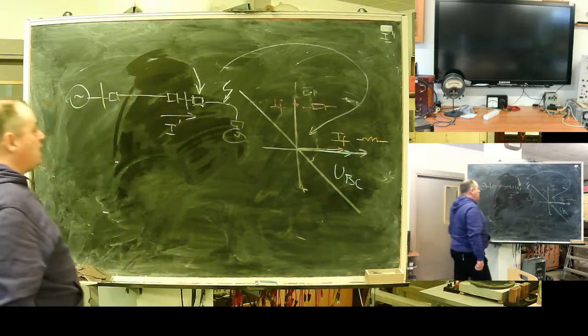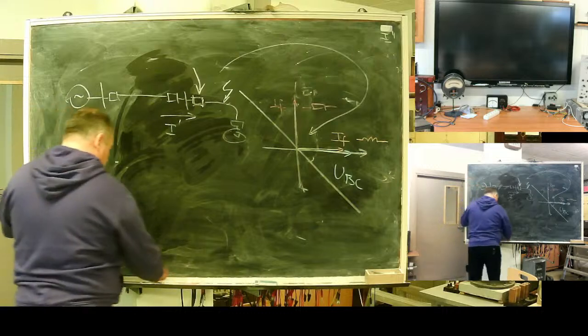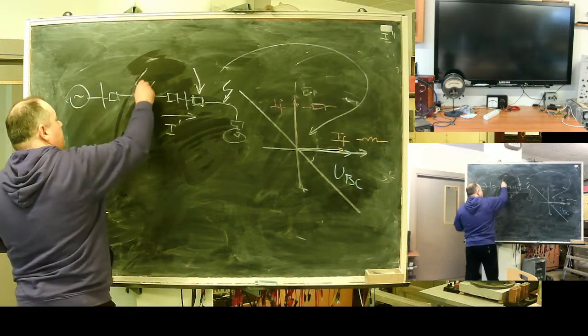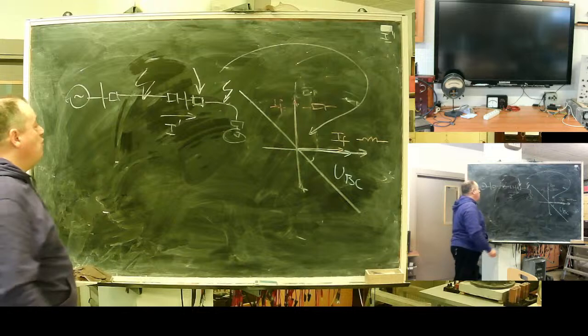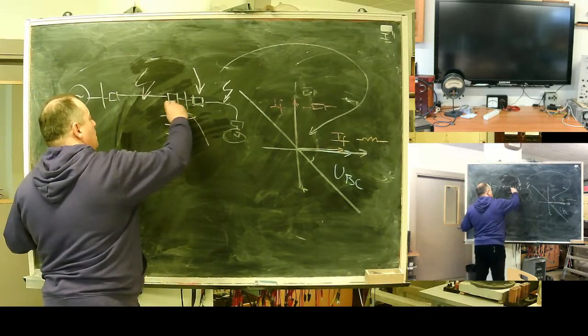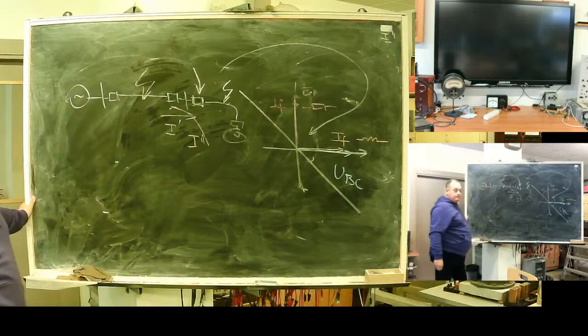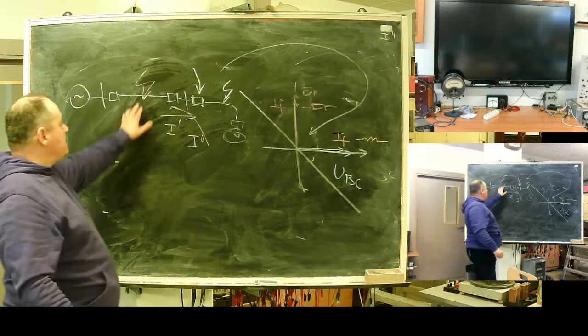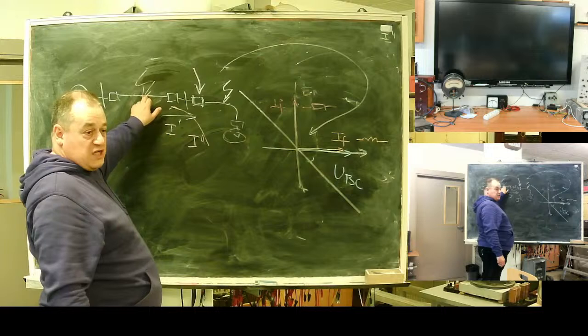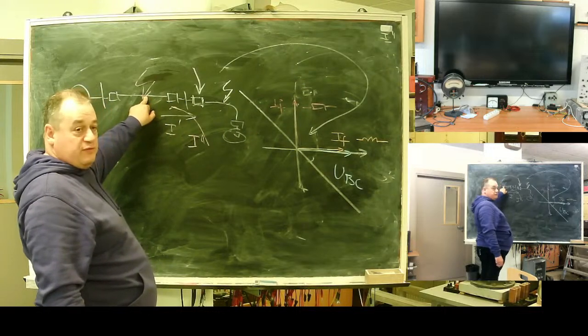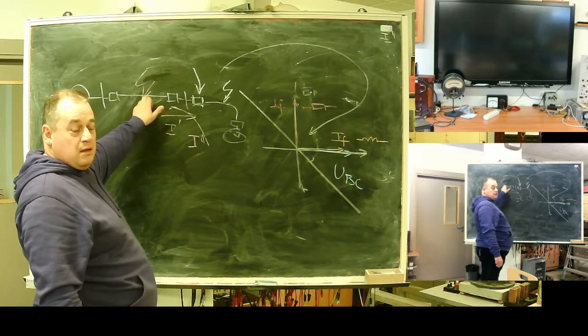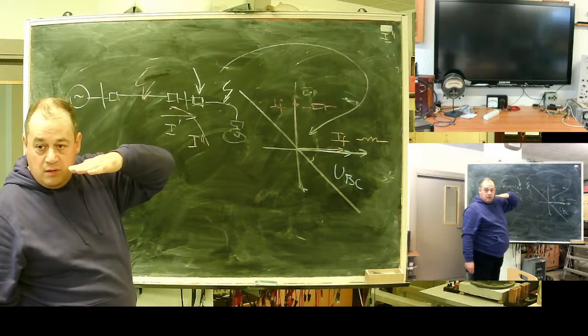What I need to check? I need to check reverse faults. For these faults, I will deal with current I2. In case of a reverse direction fault, pure active, what will I see?